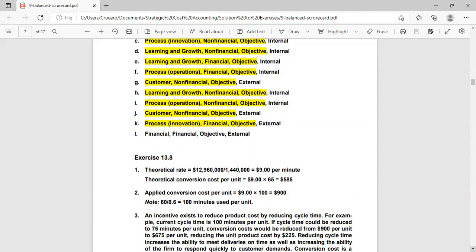So for number 2, applied conversion cost per unit is $9 times the given 100, so we have 900. 60 divided by 0.6, that's 100 minutes used per unit.